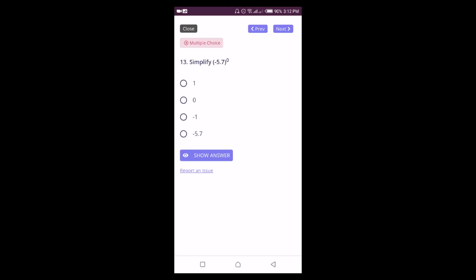Simplify minus 5 multiplied with 7 and raised to the power 0. Now I think as I am revising my mind, it's kind of a divided by b, a and then b raised to the power n, like this.